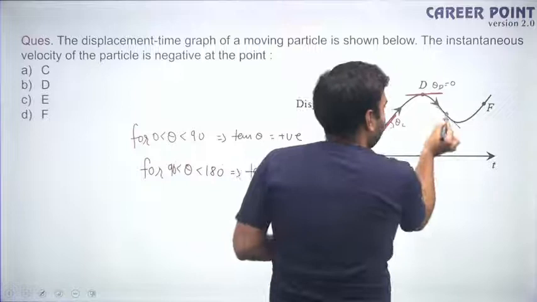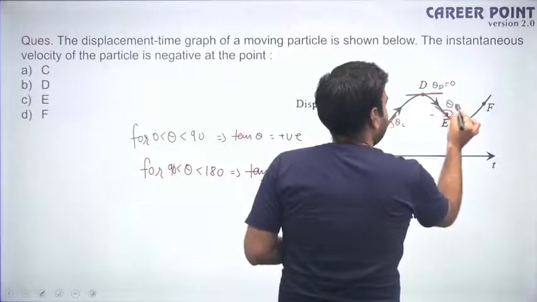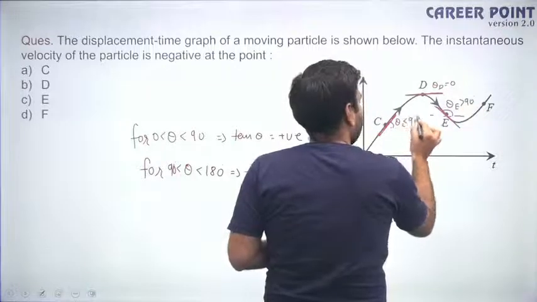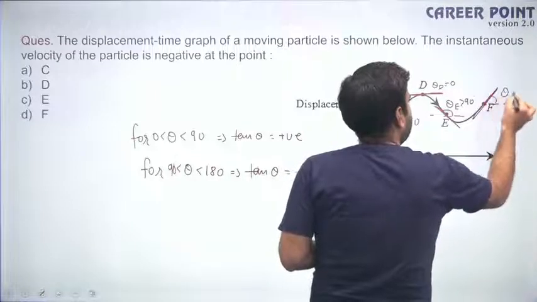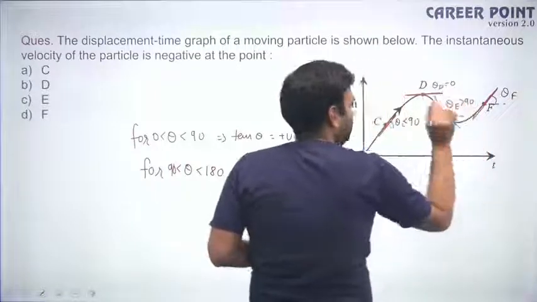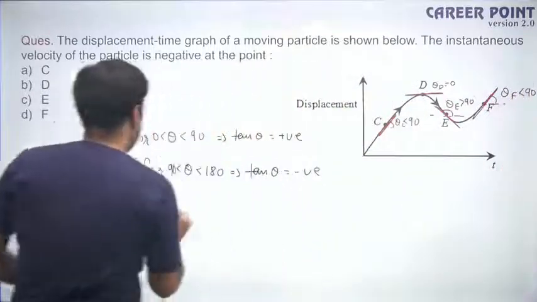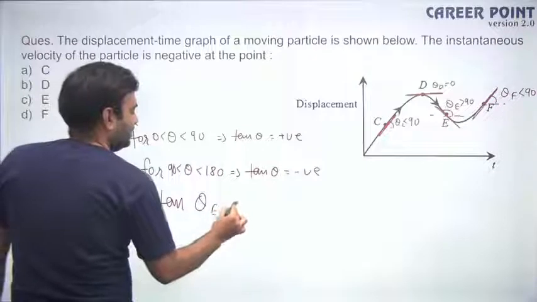At point E, the angle theta E is greater than 90 degrees. This is less than 90 degrees. And at point F, theta F is less than 90 degrees. Okay, so tan theta E is negative.